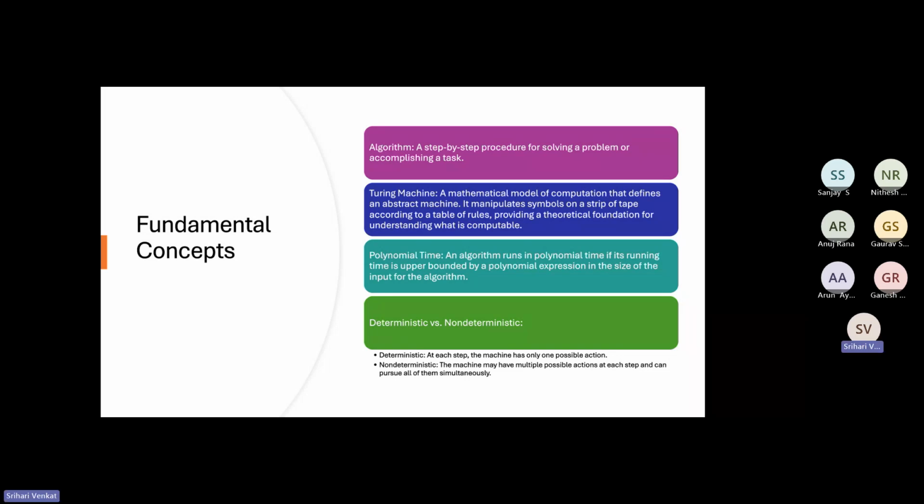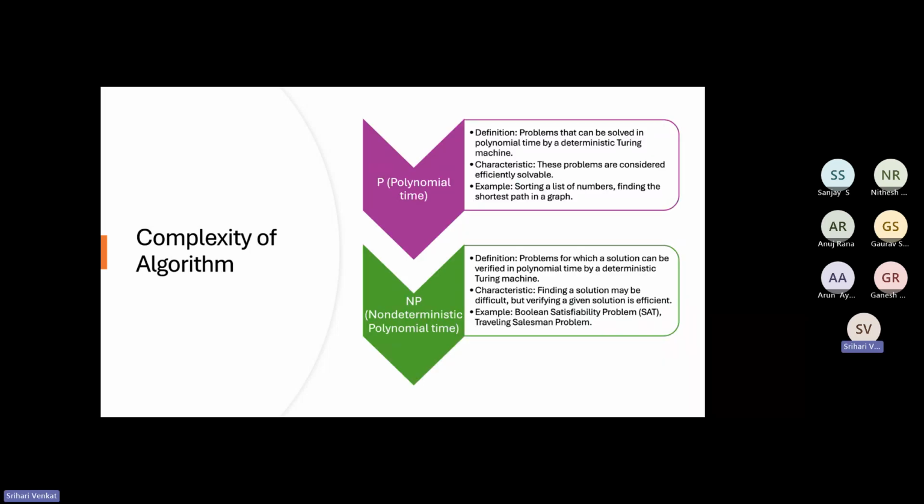And it is non-deterministic if a machine can take multiple possible actions. Ideally, it's a probabilistic way, like 80% of taking action A, 10% of taking action B, 10% of taking action C, stuff like that. So these are the fundamental concepts.